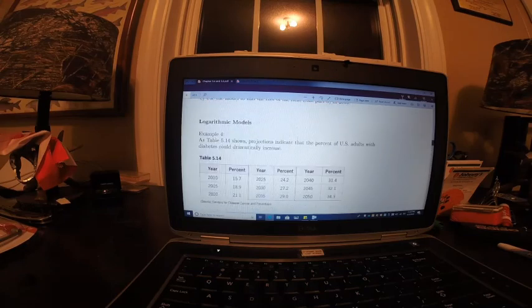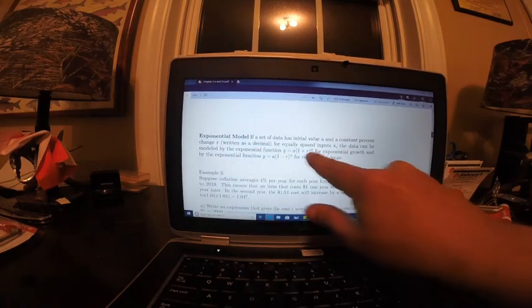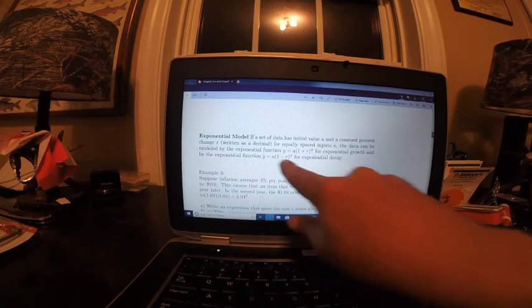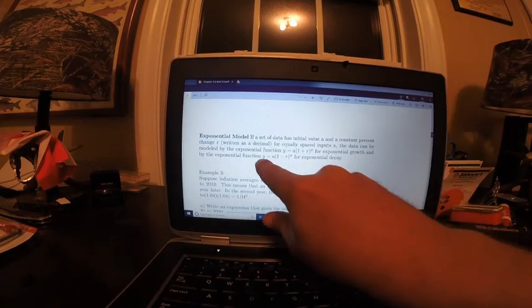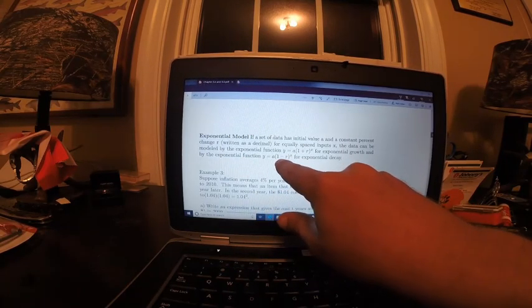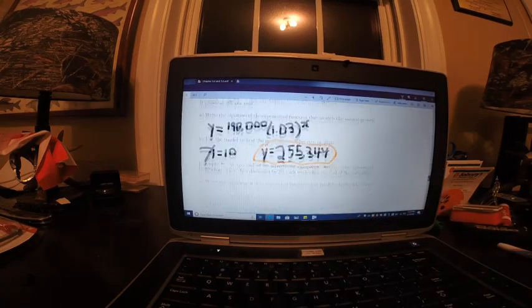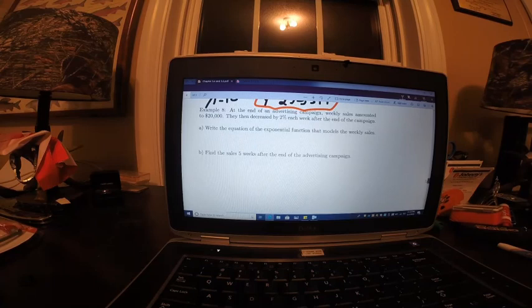So if you come back up here, back to your exponential model definition on page 2, if you're using decay or you're decreasing, you're going to use the function y equals a times 1 minus r to the x. So let's go down here to this example 8.